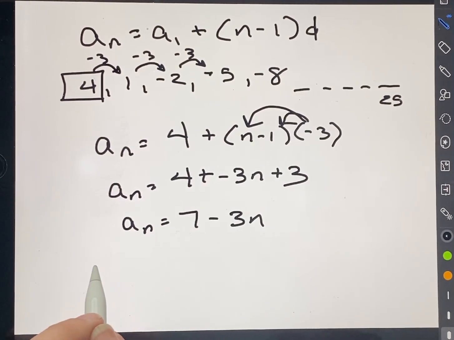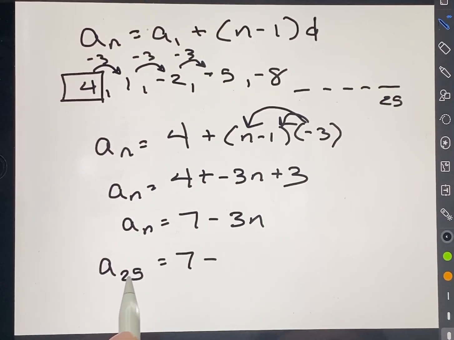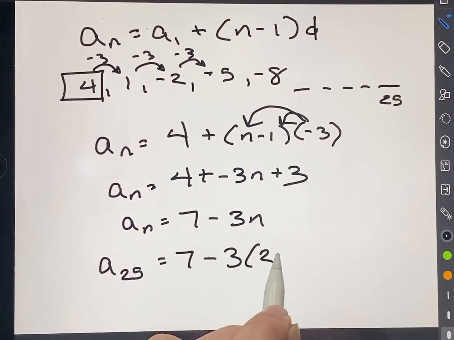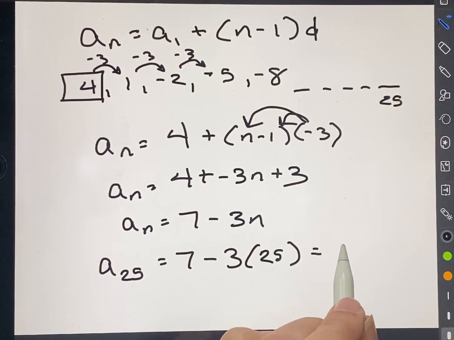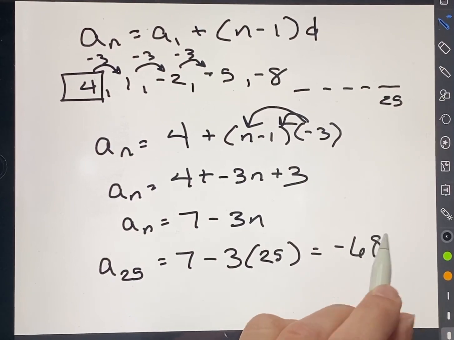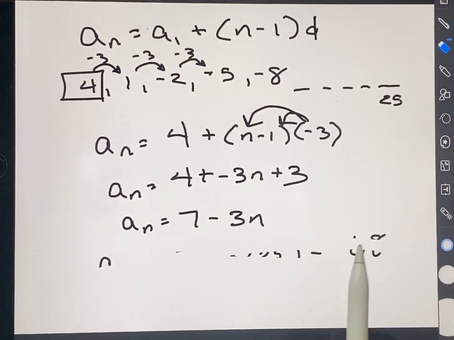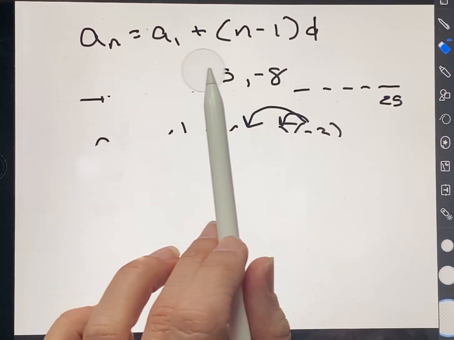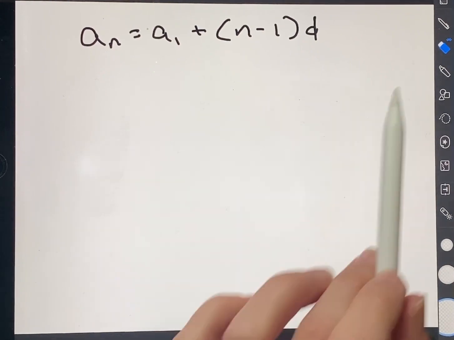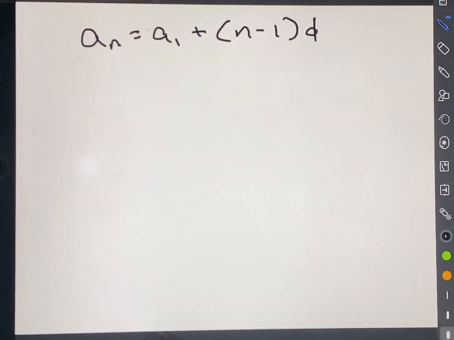So as they now ask us to find the 25th term, we're going to simply plug in 25, 3 times 25 here, and we're going to get our answer to be negative 68 for that. Okay. So as we use our generic formula, we can find those generic expressions for any of the terms.